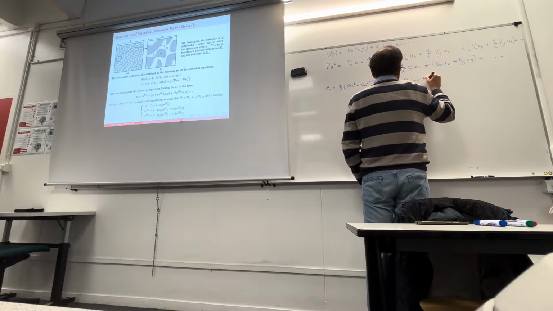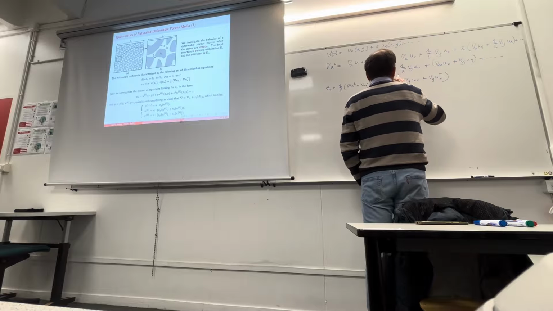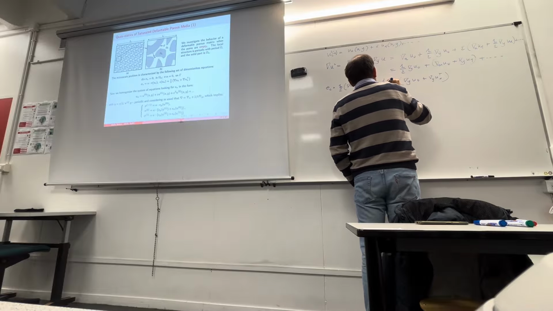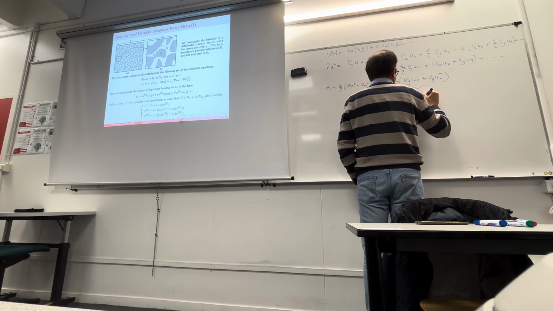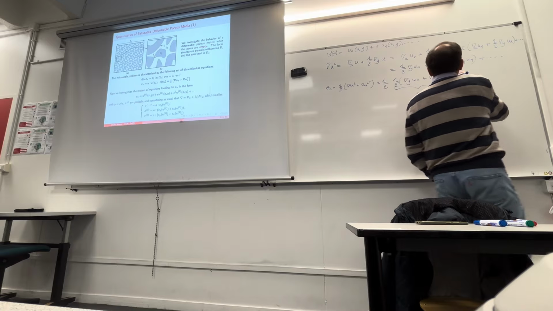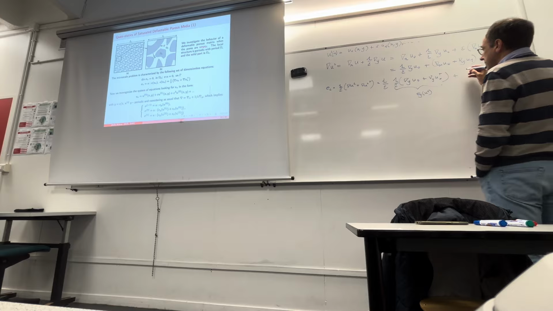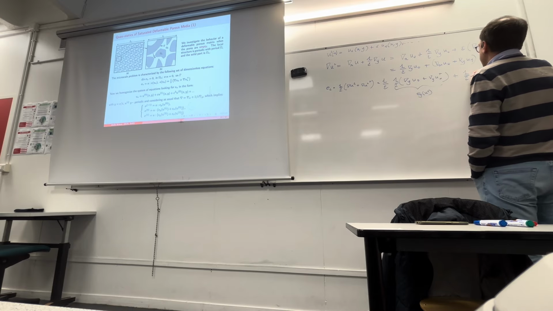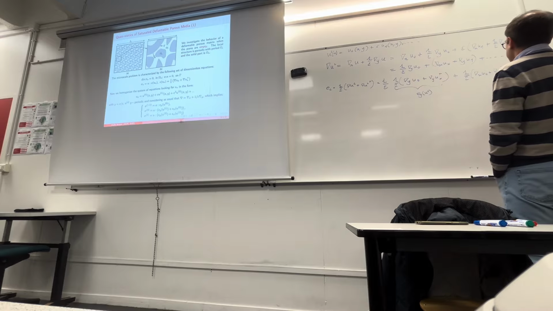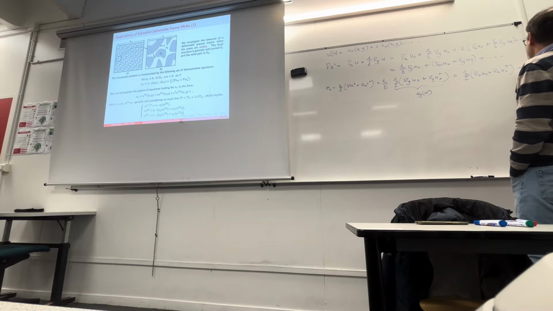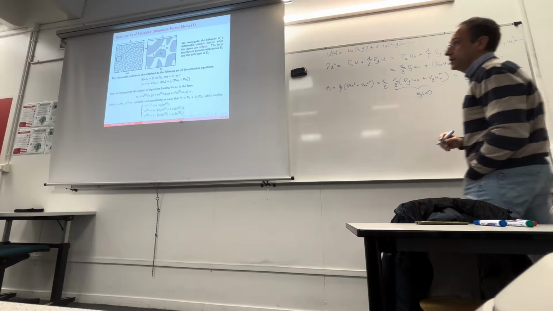So let's write it like that. Gradient y of u naught plus gradient y of u naught transpose by 2. This is called Ey of u naught plus 1 by 2 gradient x of u naught plus gradient x of u naught transpose, which is the Ex of u naught.